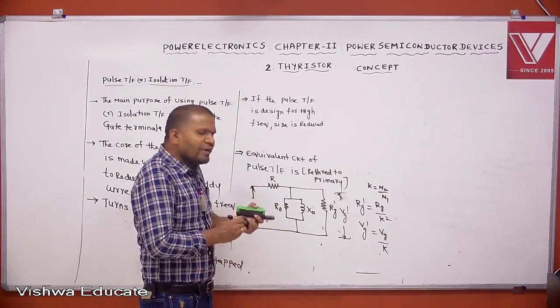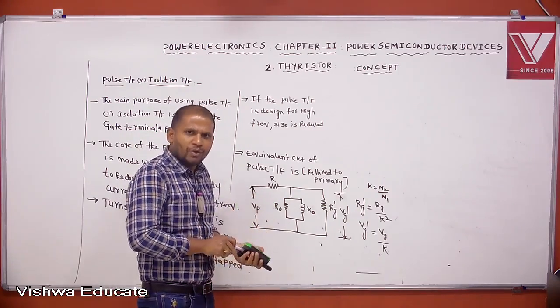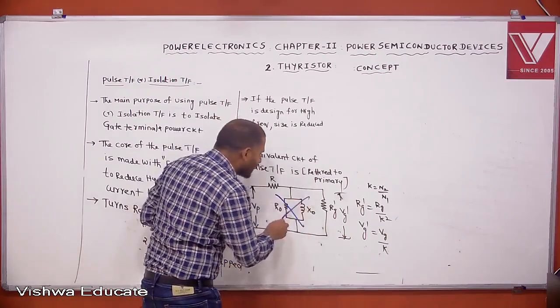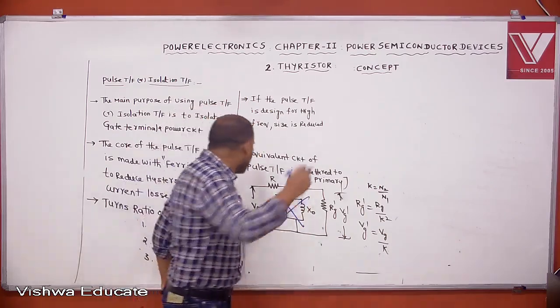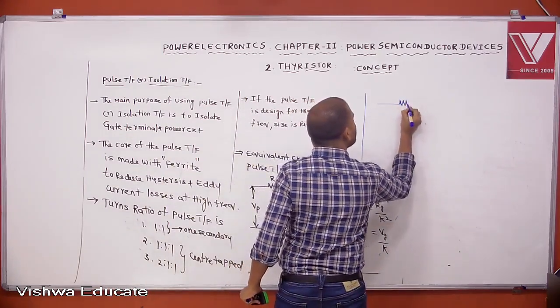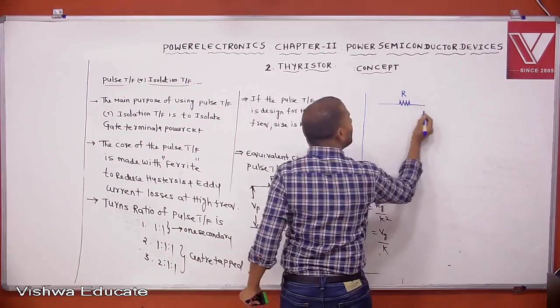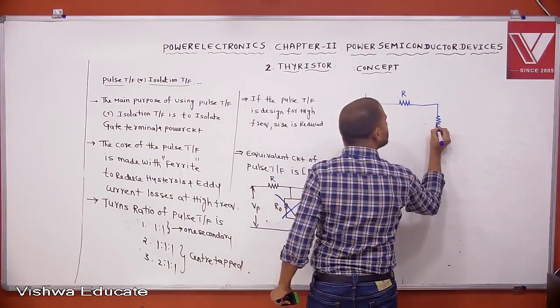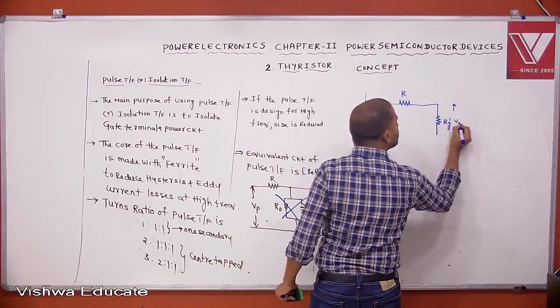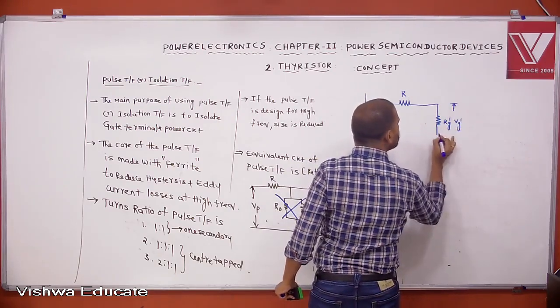Then if you neglect the no load branch, what is the simplified equivalent circuit, tell me. This is the simplified equivalent circuit. This is R and this one is RG dash. This voltage is which one? VG dash.